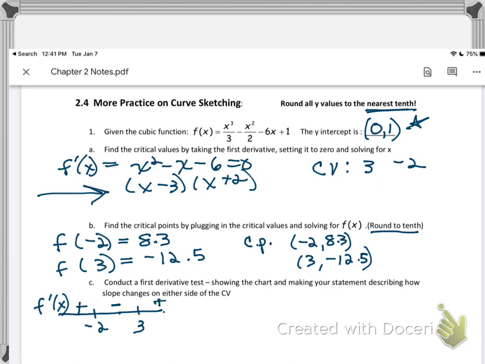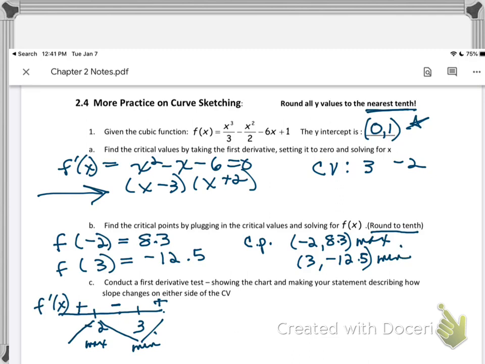So the pattern I'm seeing for my function is a positive slope, a negative slope, and a positive slope. So I know that my negative 2 gives me the max, and my positive 3 gives me the min. So the (negative 2, 8.3) is going to be a max, and the (3, negative 12.5) is going to be a min.